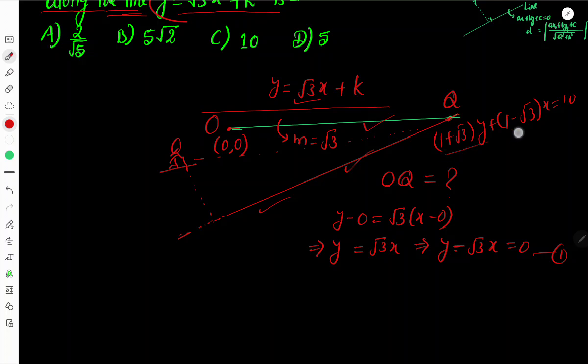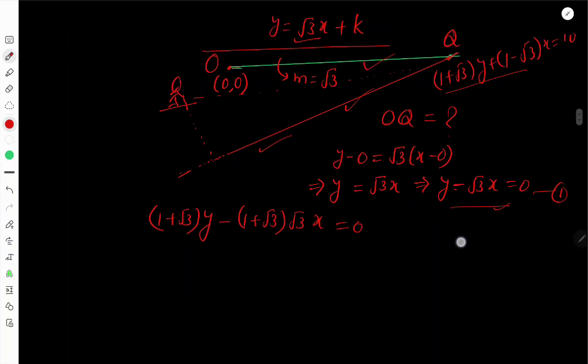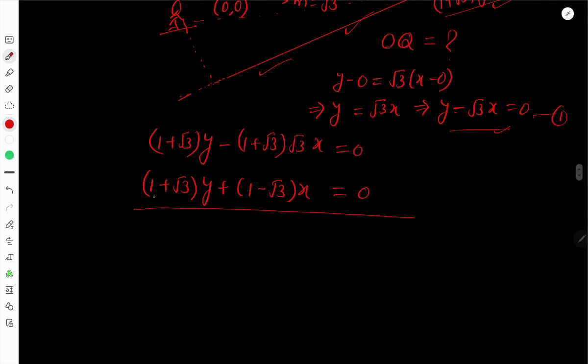To solve these two equations, we multiply the first equation by 1 plus root 3. So y minus 1 plus root 3 times root 3 x is equal to 0. Now the other equation is 1 plus root 3 y plus 1 minus root 3 x is equal to 10. Subtract to cancel y.